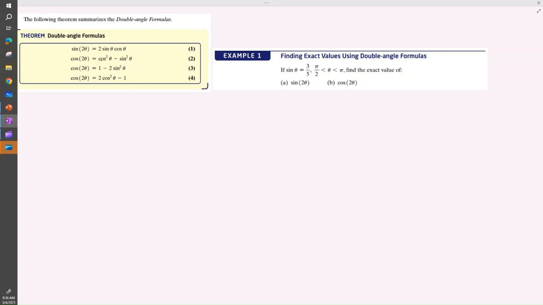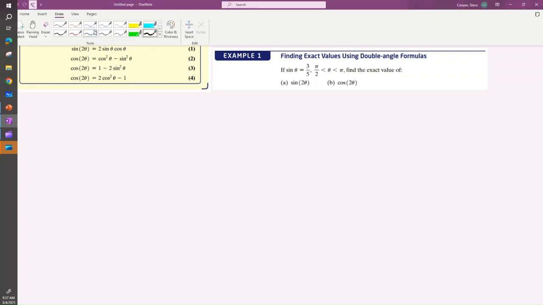So if you substitute and solve for either cosine squared theta or sine squared theta, we can produce these two other forms of cosine 2 theta. Those might come in as a handy way to represent cosine of 2 theta.